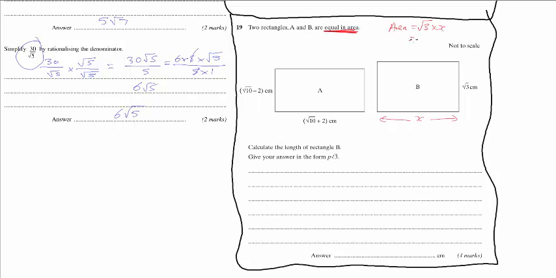So the area for this thing is root 3x. But we don't actually know what the value of the area is for this one. But we do know that the areas between these are equal.